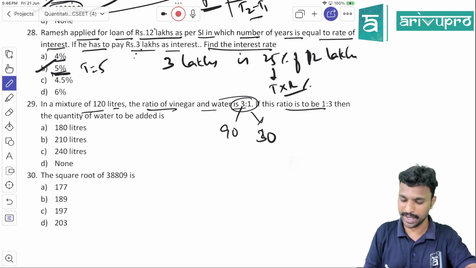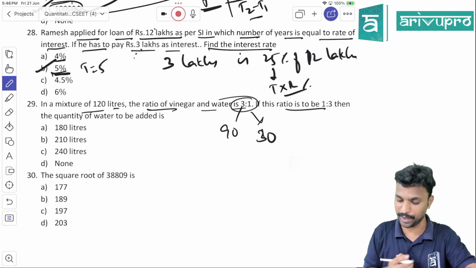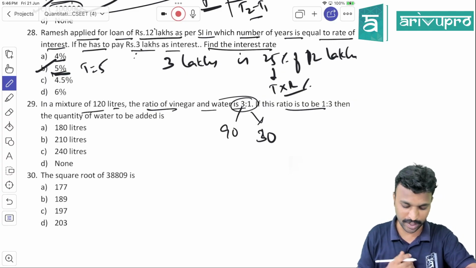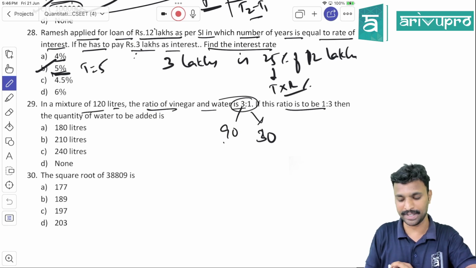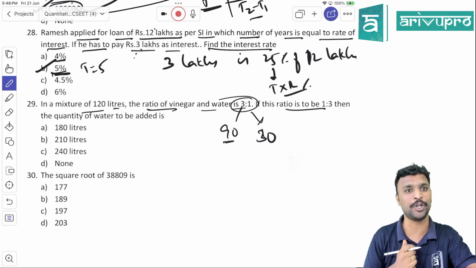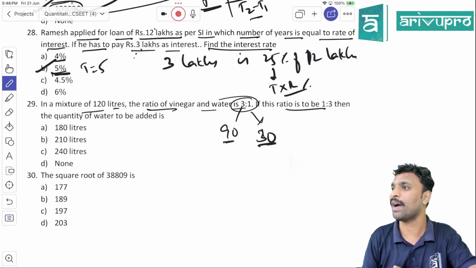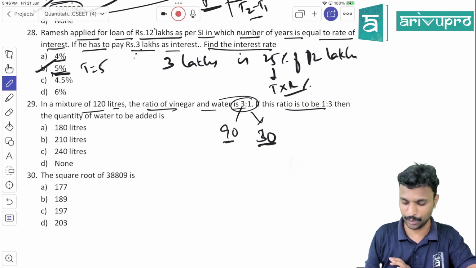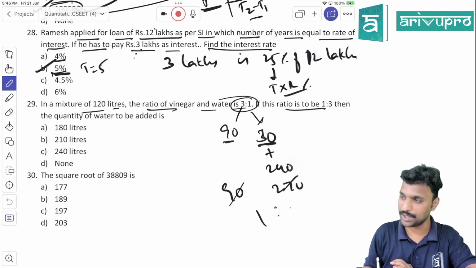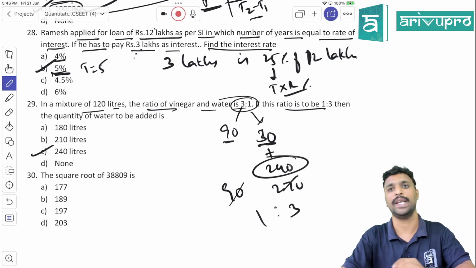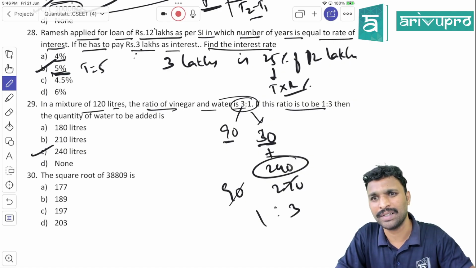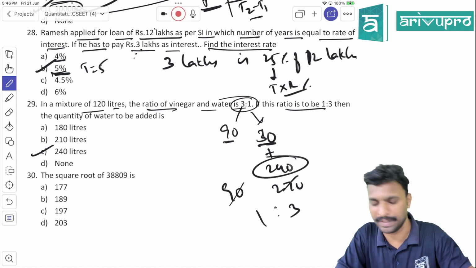If the ratio is to be 1:3, then the quantity of water to be added is: 1:3 means if this is 90, 3 means 270 it should become. Water should become 270. So how much should be added to 30? 240. Then only 90 and 270 become 1:3. How many liters of water is added? 240 liters. Sure, 100%.